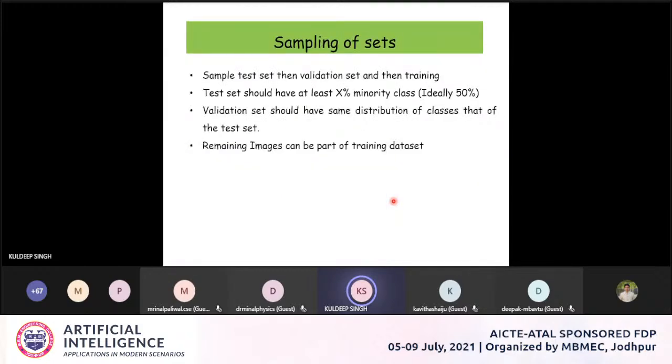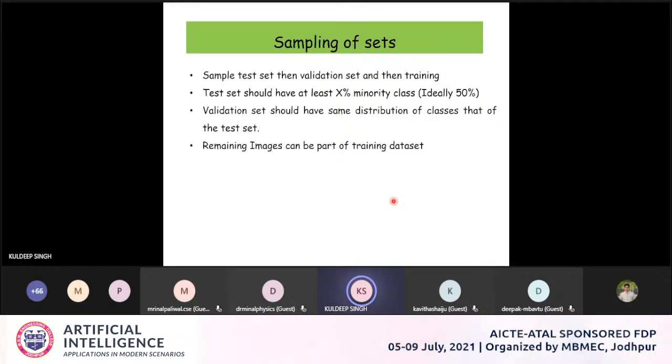Another point to be taken care of while constituting these data sets is, firstly, we should sample the test set, then the validation set, and then the training set. So from the whole data set, firstly, we should constitute the test data set and take it aside. Then from the remaining data set, we sample the validation set and put it aside. And finally, the remaining one is considered as the training data set.